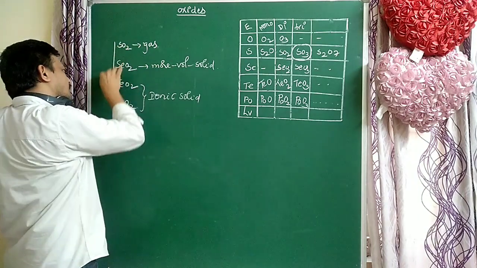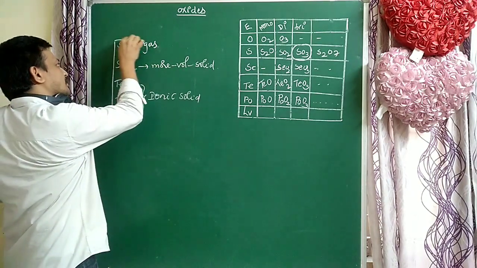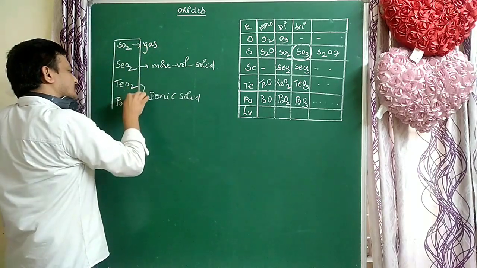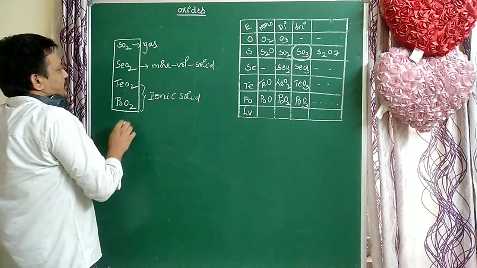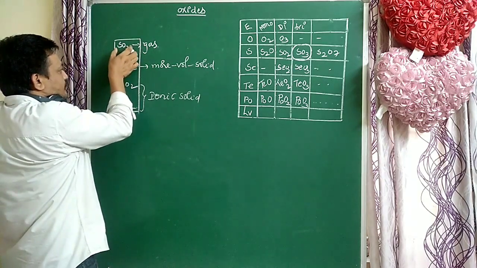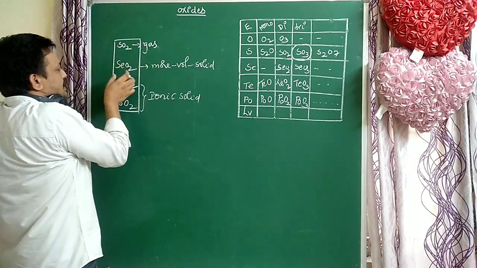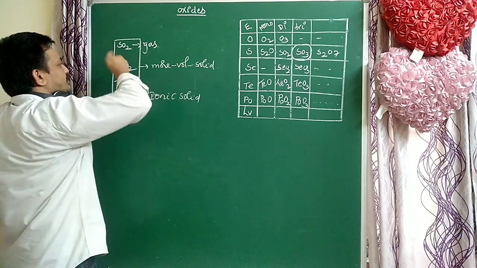Reducing power from top to bottom, what happens, students? It decreases. Oxidizing power increases. When compared to SO2, SeO2 has less reducing power and more oxidizing power.